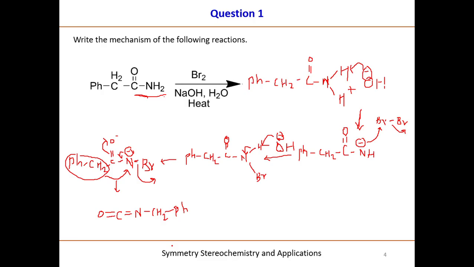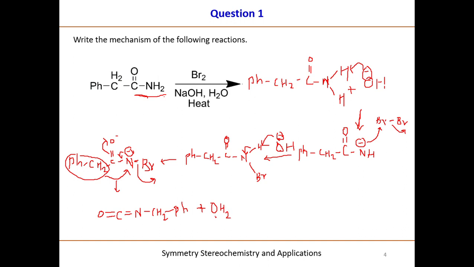Then this isocyanate will react rapidly with water to form the carbamic acid. So this isocyanate now undergoes reaction with water because we have water also in the reaction condition. So how will it react? I am writing here only H2O, correct?